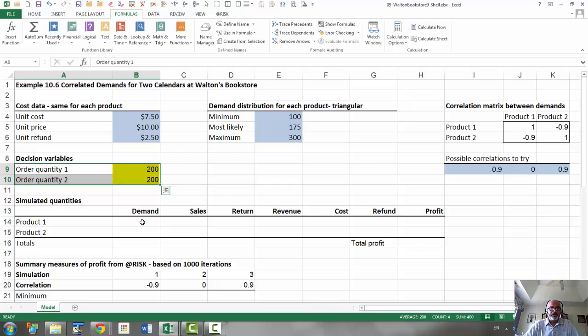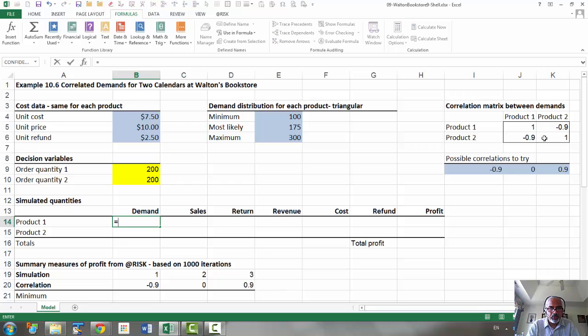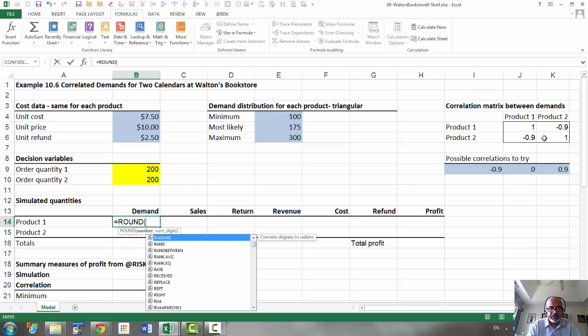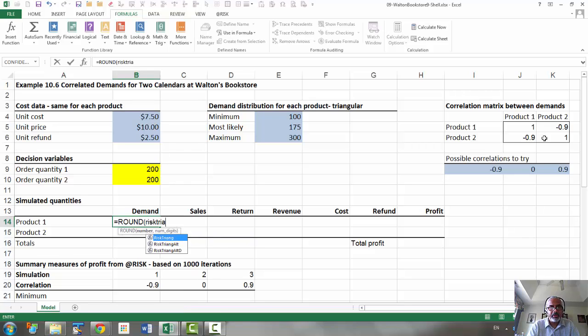Okay. So now we're going to do demand for product 1. Let's start with ROUND, and this is RiskTriangular, and the 3 parameter values.